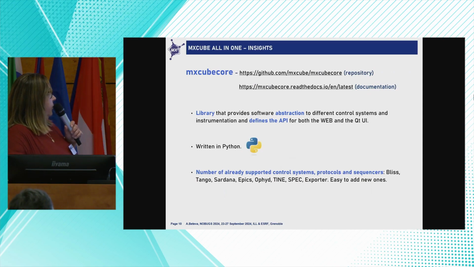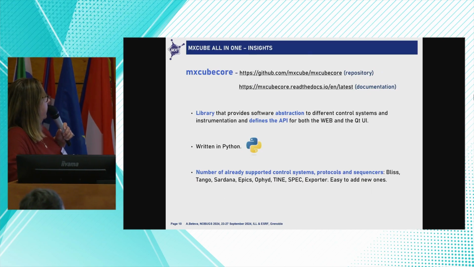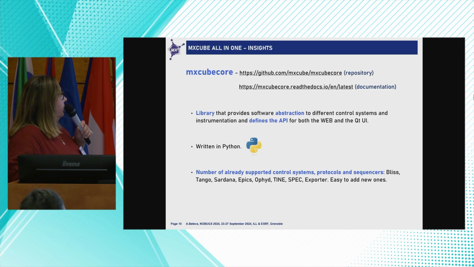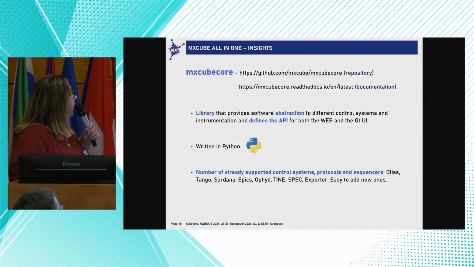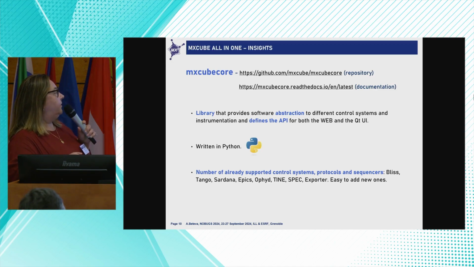A little bit more about those libraries, the MXCube core. You can find the links if you want for the repository itself and for the documentation. The main goal of the library is to provide a software abstraction, a little bit like OPHYD, but not just for EPICS. And also, it defines an API for both UIs.